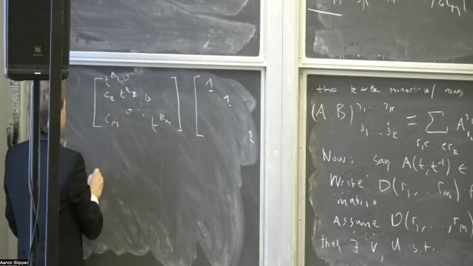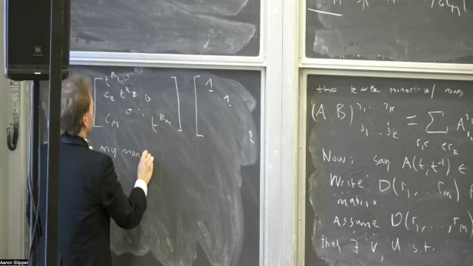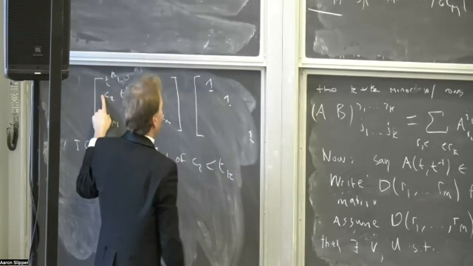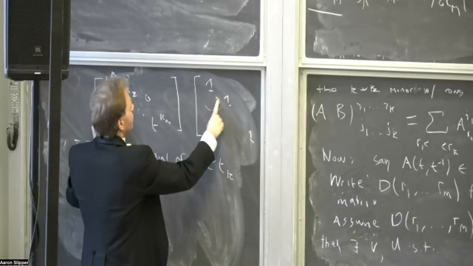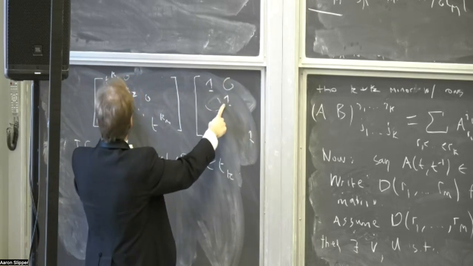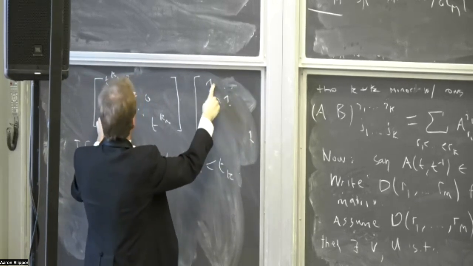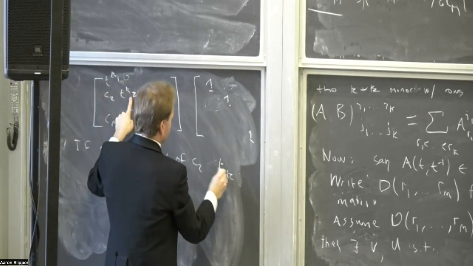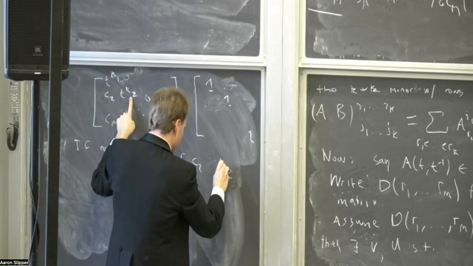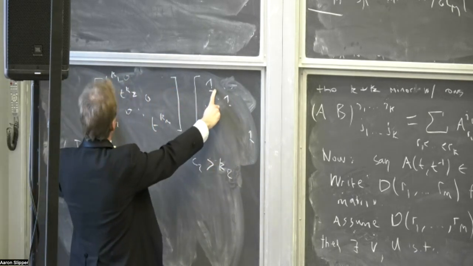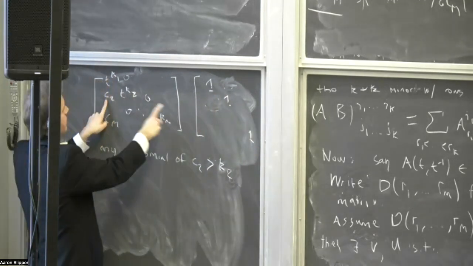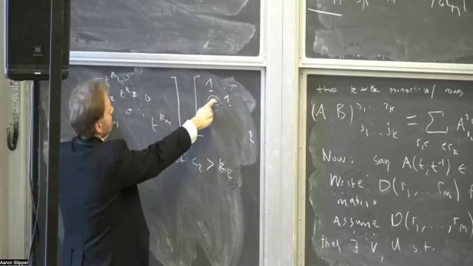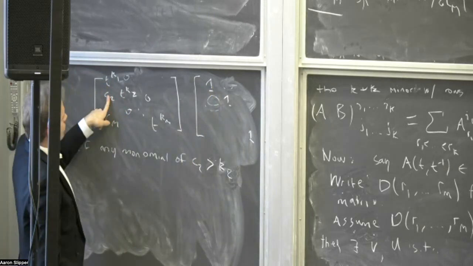If any monomial of c2 has power greater than k2, I can kill it off by taking t^k2, increasing its power to whatever it is, and then subtracting it off here through an element. So I can kill any term that's greater than k2.